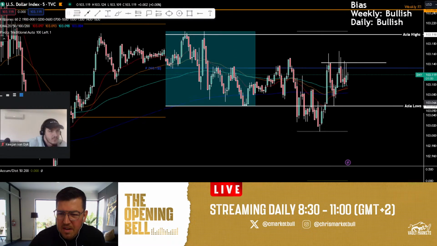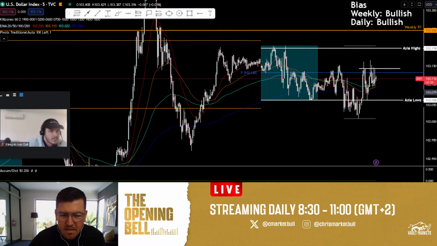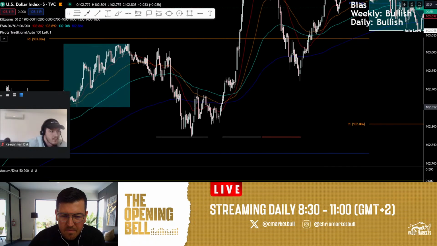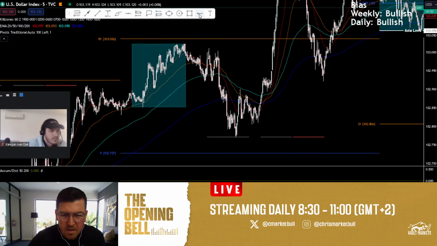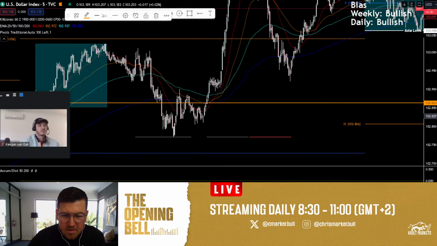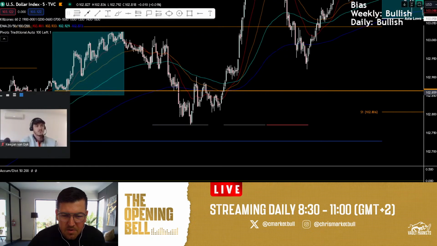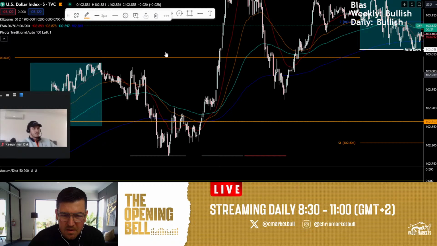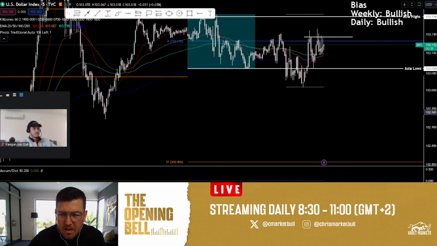Yesterday, how did we trade yesterday? Yesterday we just straight pumped from 10:30. So again, what I mentioned, guys, this was the manipulation yesterday, taking out the Asia lows, and then trading around about 1 o'clock, it started trading back above the Asia lows, and then it was literally a straight pump from there.